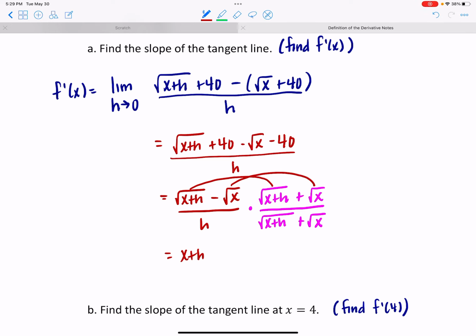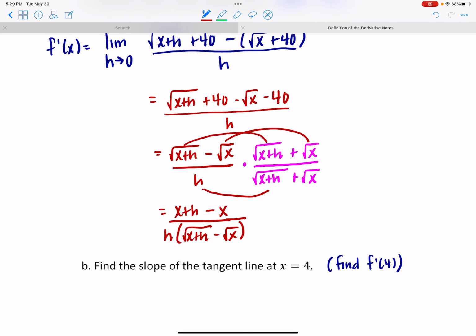So a negative times a positive will be a negative, and again, the square root of x times the square root of x, that's the square root of x squared. That's just going to be an x because those two operations will cancel. So the square root of x squared is just going to be an x, and that's going to be divided by h times that binomial, square root of x plus h, and negative radical x under the radical.